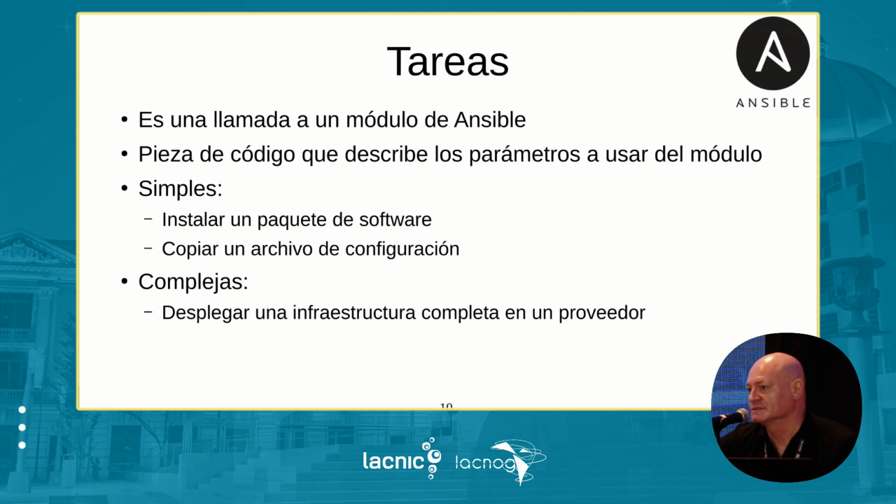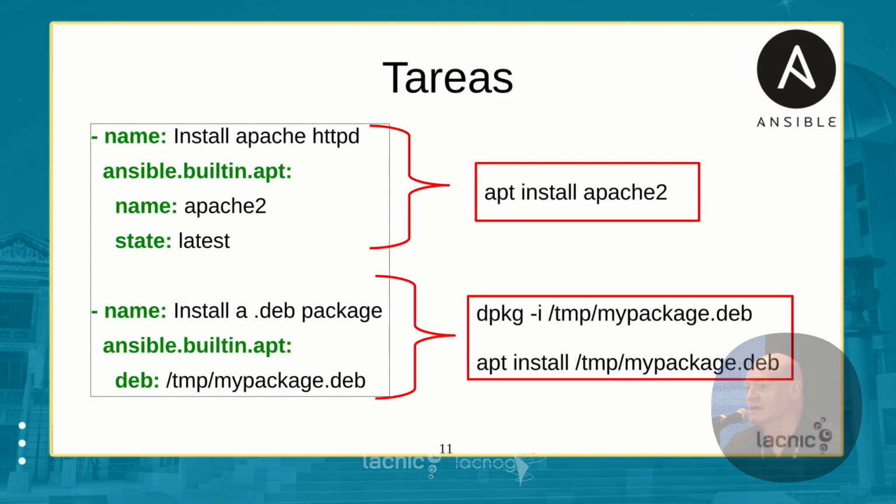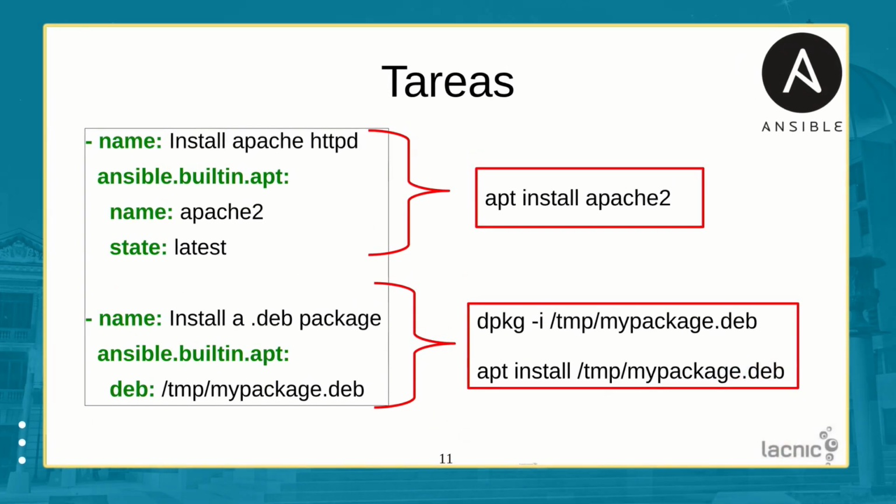I could deploy several things in several devices. Right here we can see an example, maybe reflecting something that we consider more complex doing on Ansible than on Linux, for example, a command line.